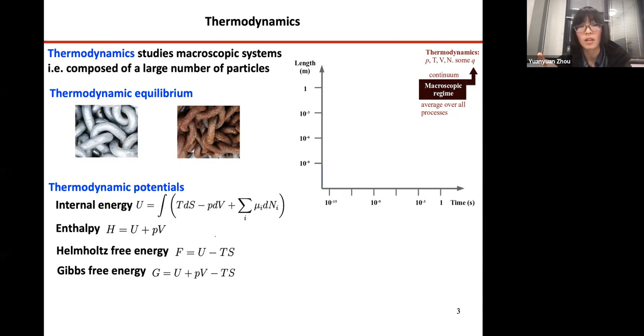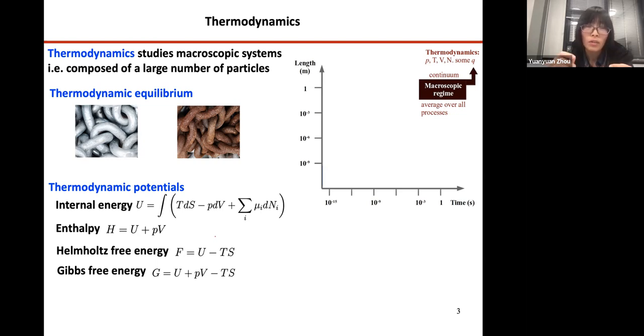Again, when the system reaches equilibrium, the Gibbs free energy is minimized at constant temperature and constant pressure. With these tools, classical thermodynamics can be used to describe how systems respond when there is a change in their environment.